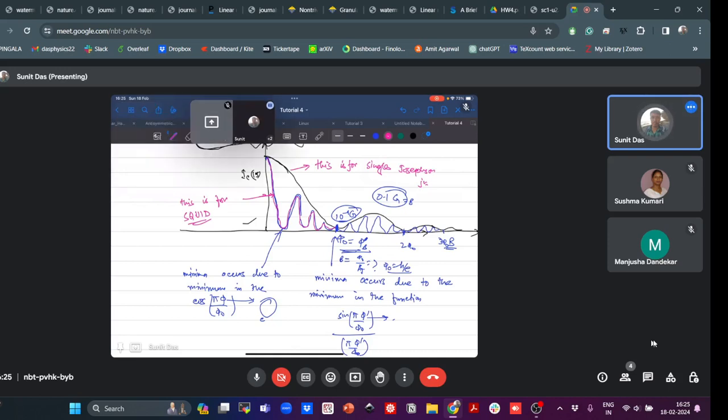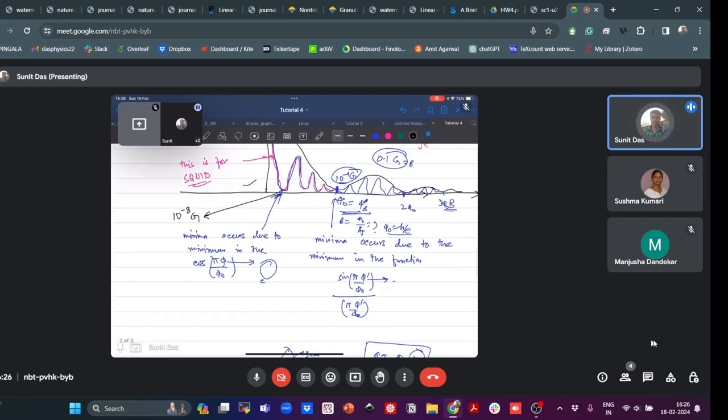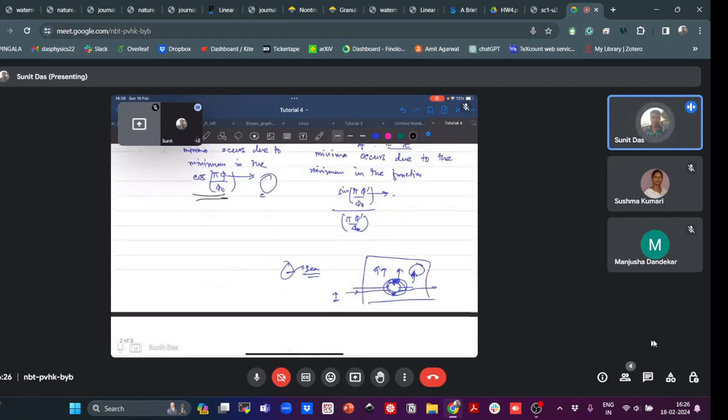And it turns out that this minimum magnetic field is much smaller. It's kind of, let's say, 10 to the power minus 8 Gauss. So how can we say that? Because the minima occur due to minima in cos(phi/phi 0), right?